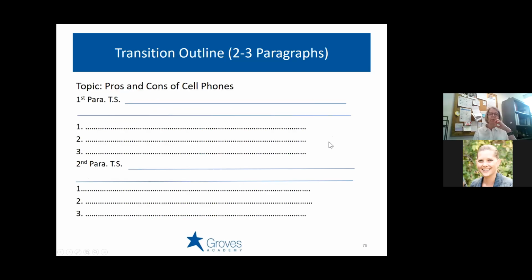Multi-paragraph outlines. Basically, you can gradually move into multi-paragraph essays. You can have a 2 to 3 paragraph, what we call a transition outline. And this works well when you're doing compare and contrast or pros and cons, you know, pros of cell phones, cons of cell phones. And again, each paragraph has a topic sentence, and then they also have notes about what the pros and what the cons are there.